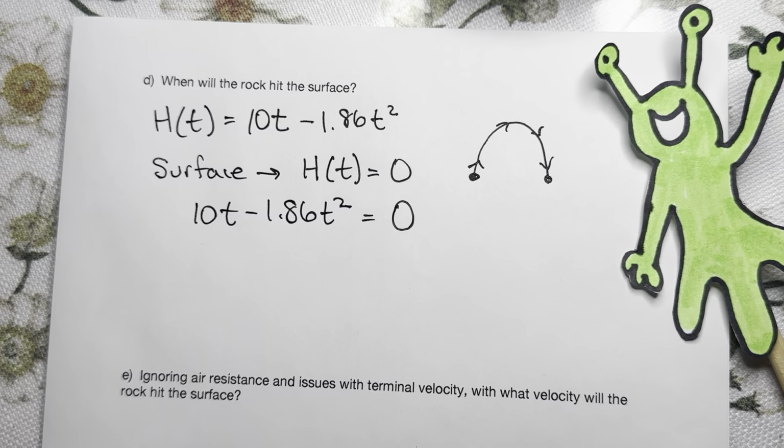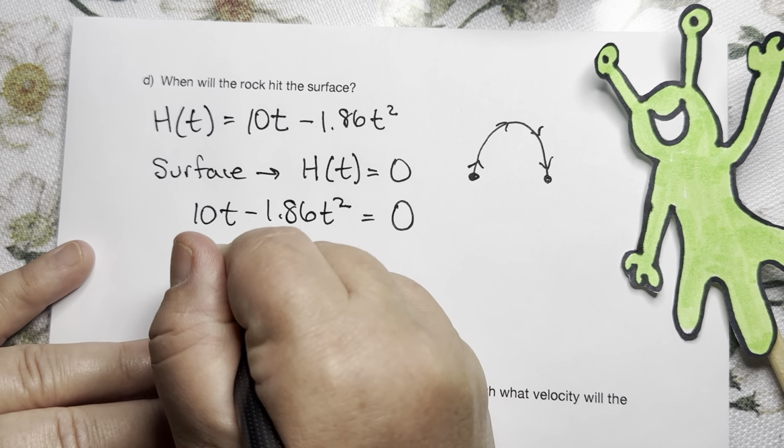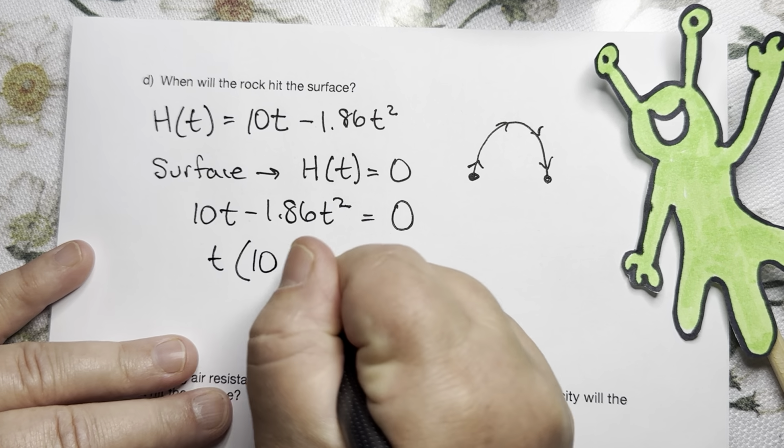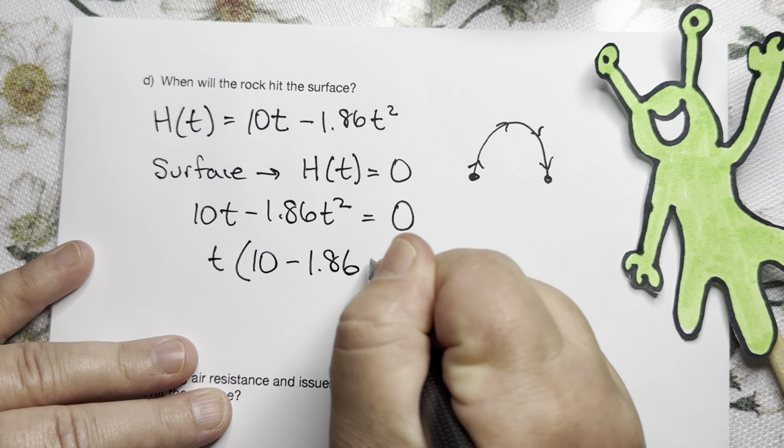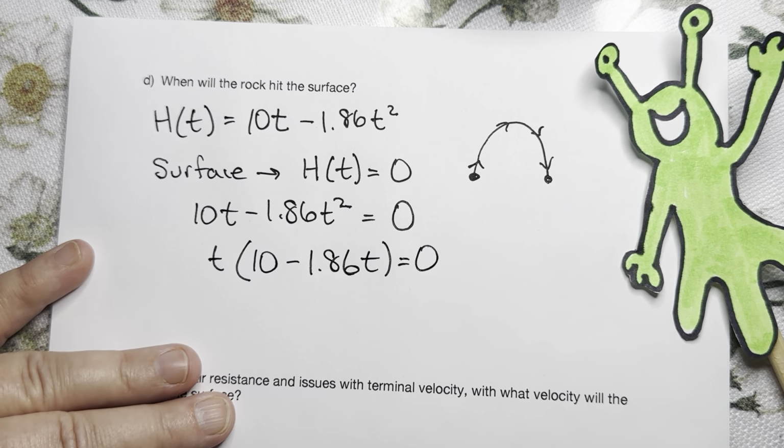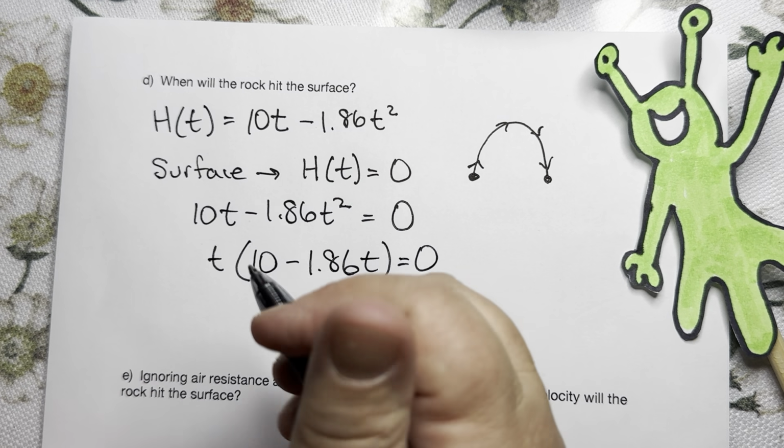And if you review your quadratics, you're going to realize, wait a minute, I don't have to use the quadratic formula. You could, but in this case, I don't have to because I can just factor. I can factor t out and realize that this is going to give me 2 possible answers.